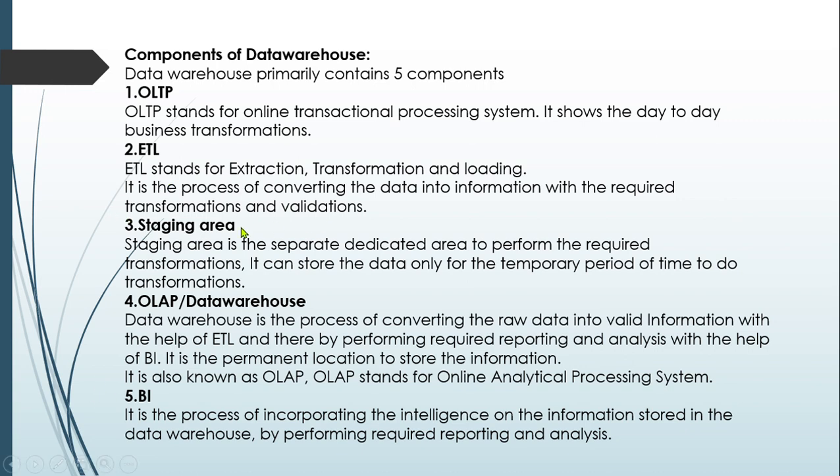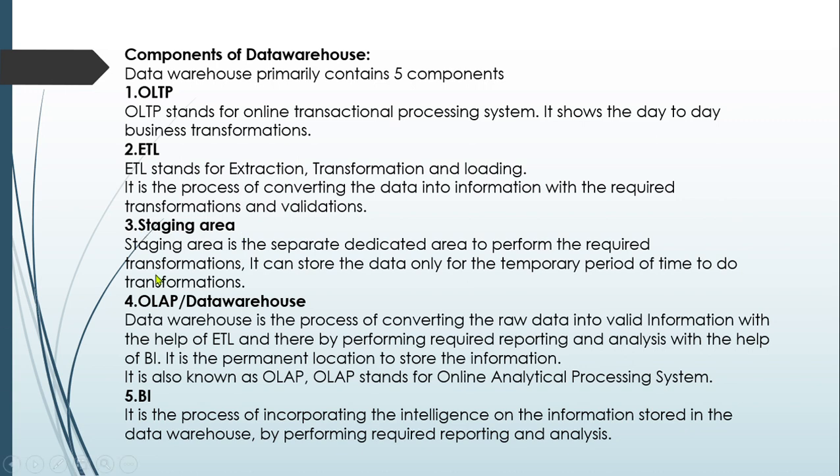So coming to staging area. Staging area is a separate dedicated area to perform the required transformations. It can store the data only for a temporary period of time to do the transformations. If you see the data warehouse architecture, you will understand better. In the next slide, I'll show.